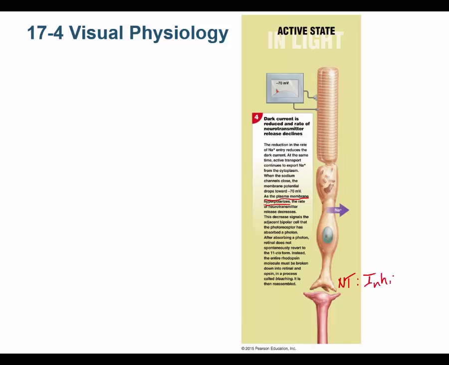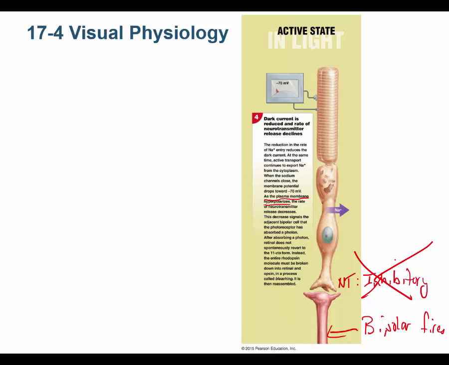It was an inhibitory neurotransmitter. So now in the light, I'm stopping the inhibitory neurotransmitter from being released, which allows my bipolar cell to fire. Bipolar fires. So the light results in my bipolar cell firing because the light hyperpolarizes my rod and cone.